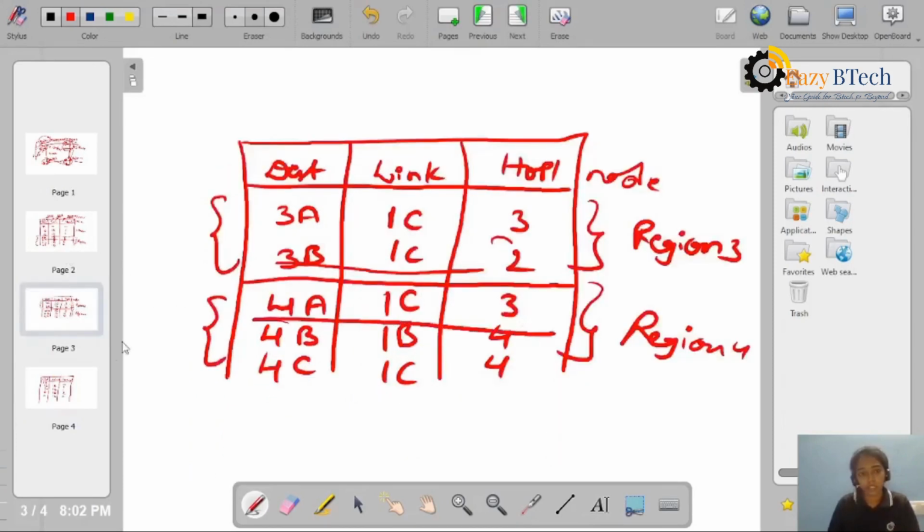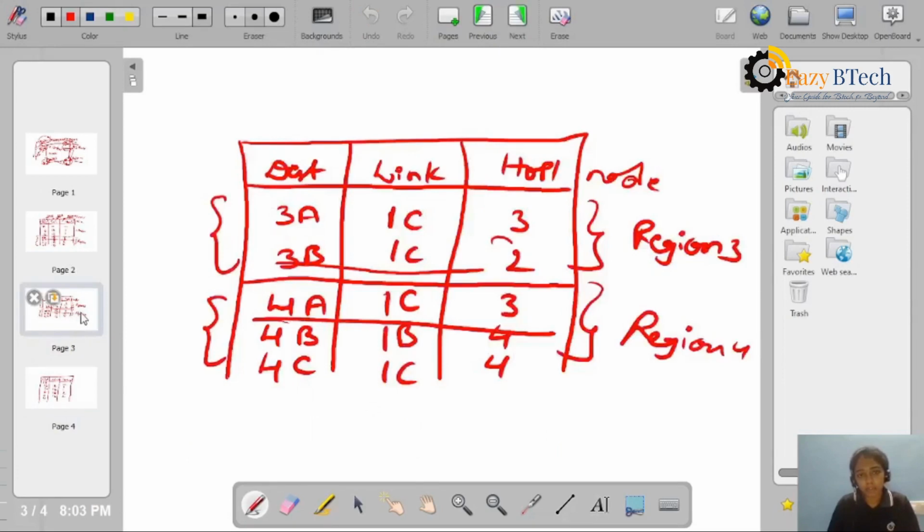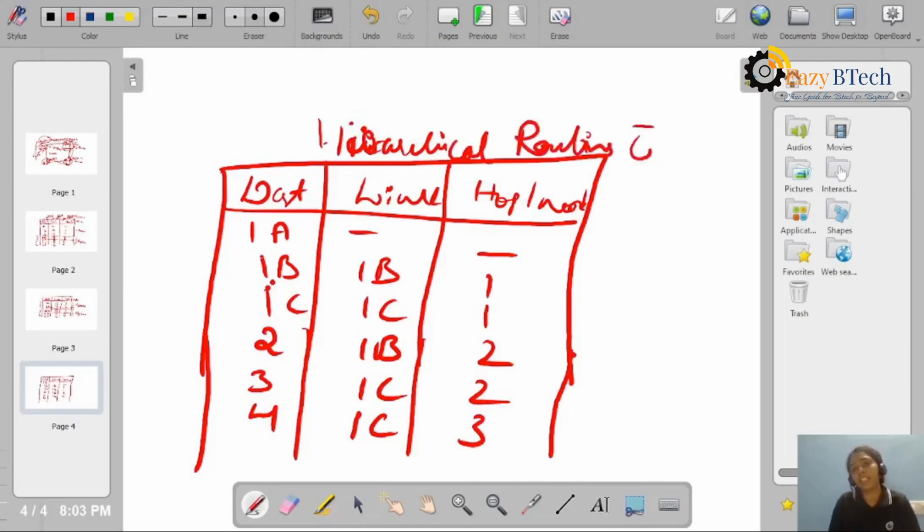Where does the fourth region come from? 1C. 1C, 3. So this is the hierarchical routing table.